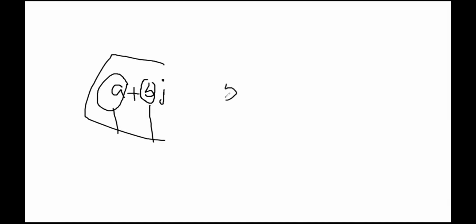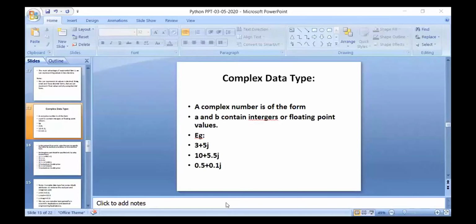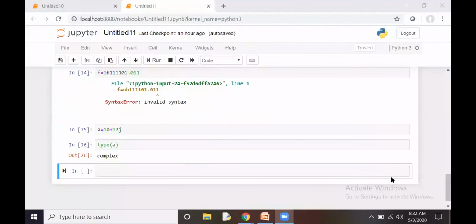Suppose you want to store 5 plus 3j, yes, you can store 5 plus 3j in a. If you want to store a complex number in a variable, yes, you can. Here are some important things you need to know about complex data types also. Let me show.